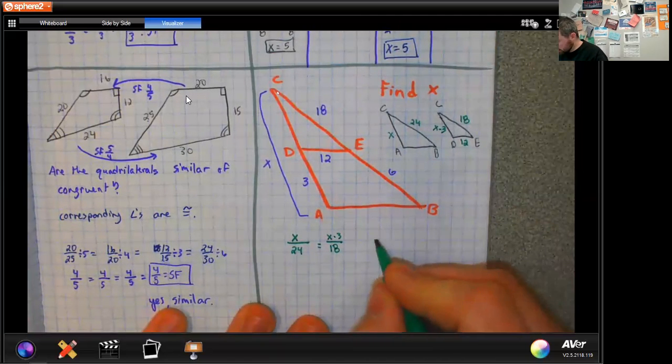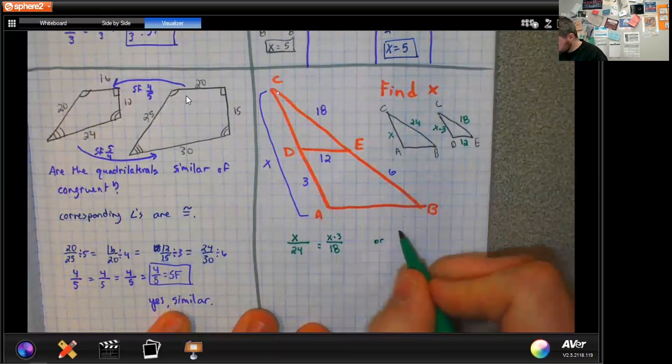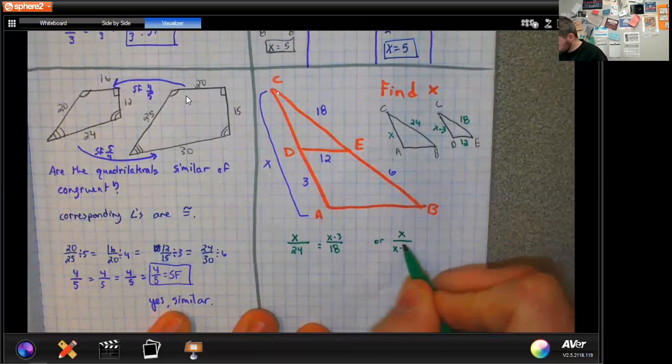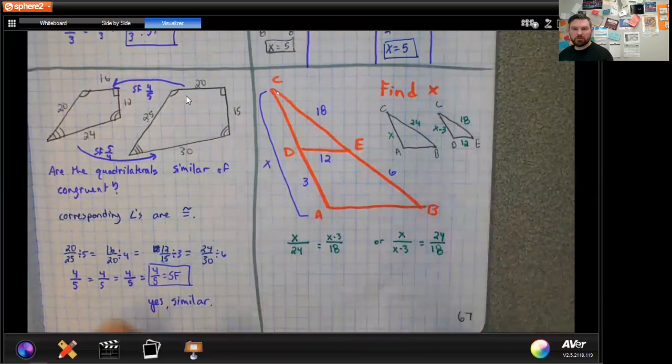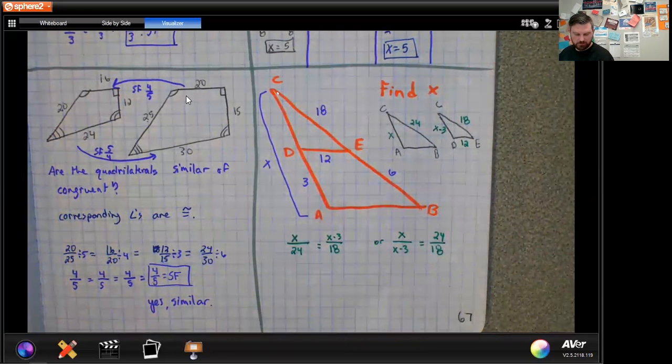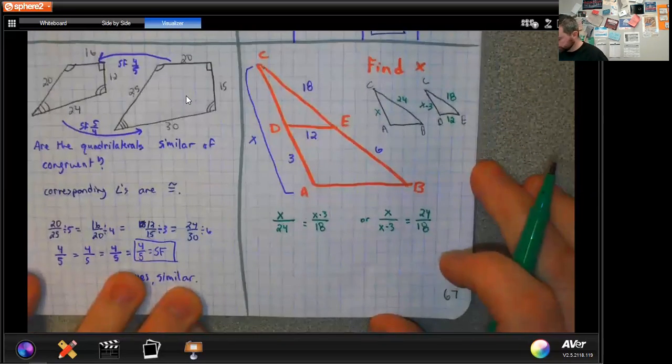Or you could have said x over x minus 3 equals 24 over 18. Either method will still get you the same answer. In fact, I think we're going to solve it both ways, okay?